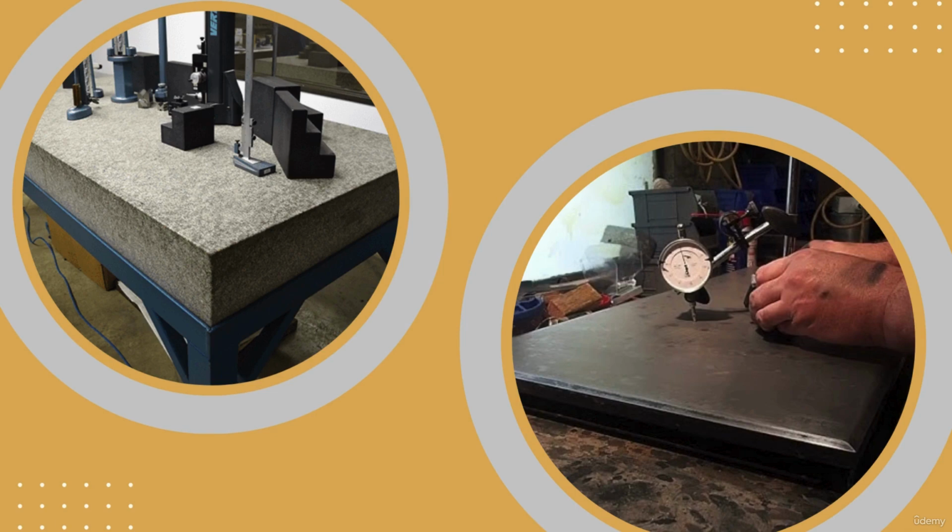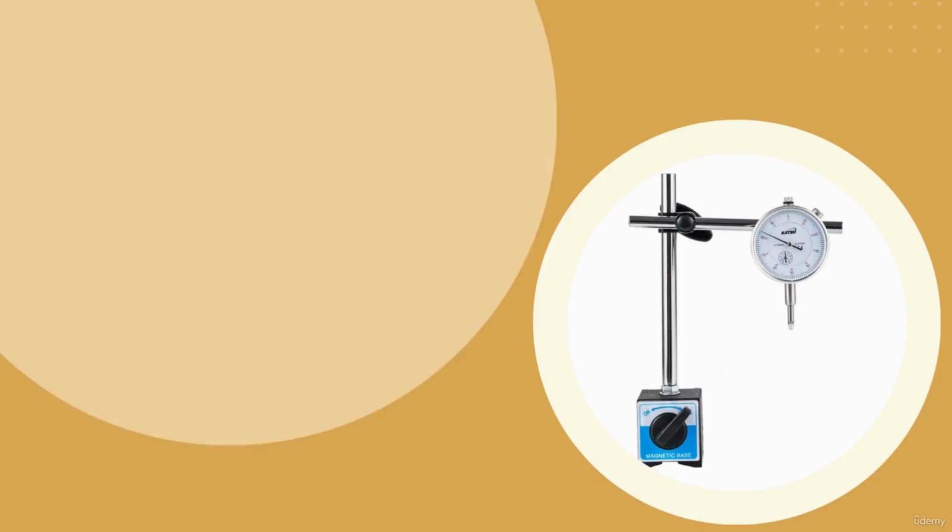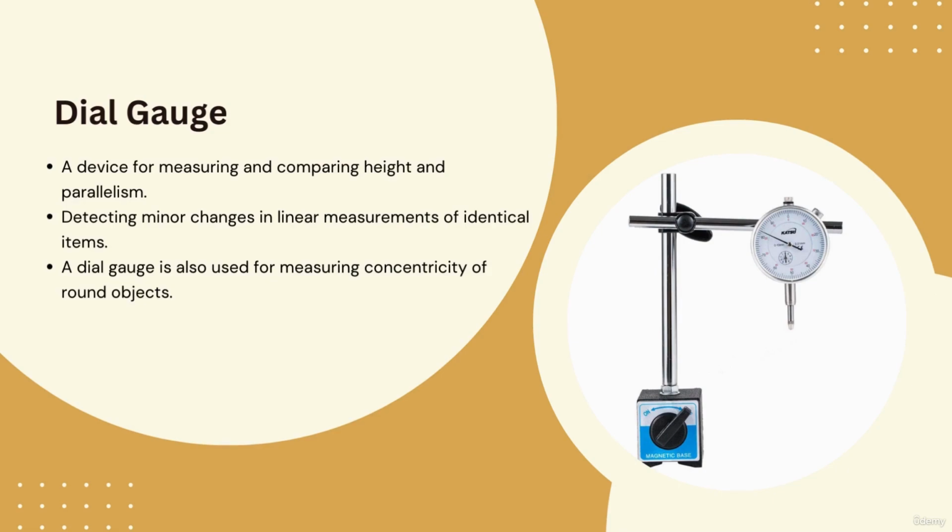Okay, let's take a look at how to use a dial gauge. Get into the dial gauge. Look at it, a device for measuring and comparing height and parallelism. If you have a dial type indicator, from 0 to some measurement, you can know the deviations of your component by just dragging the indicator from the initial portion to the final portion.